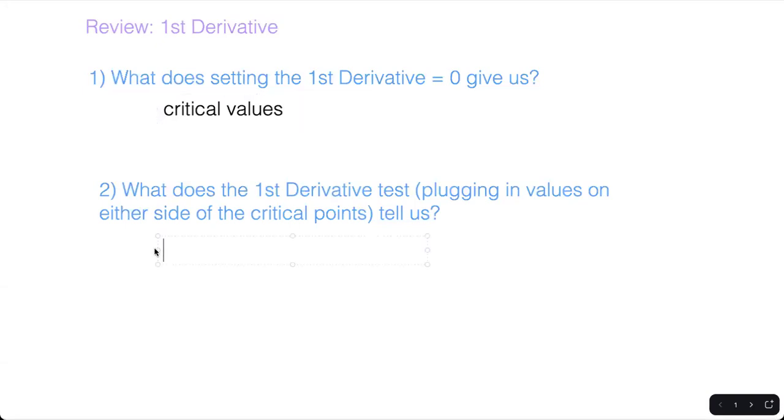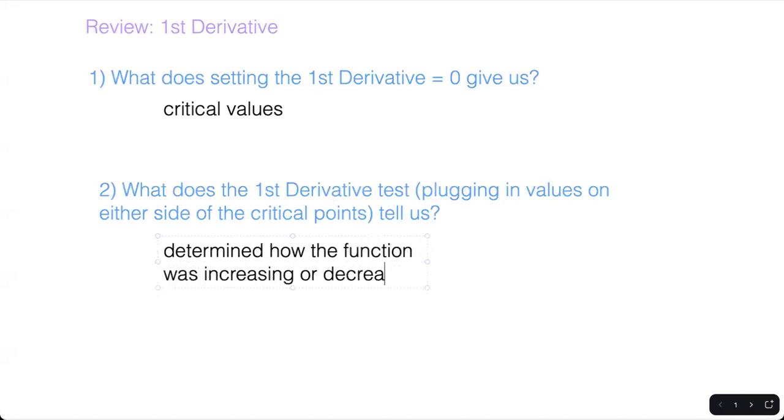We plugged in values on either side, and then we looked at the different portions, the ranges of the domain in a certain interval, like from infinity to 4, 4 to 3, 3 to negative infinity, and we determined how the function was moving. Was it increasing or decreasing?